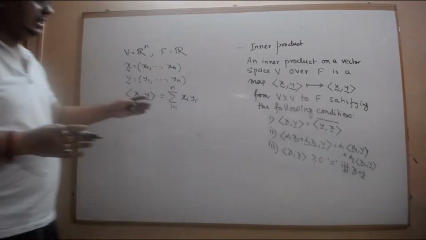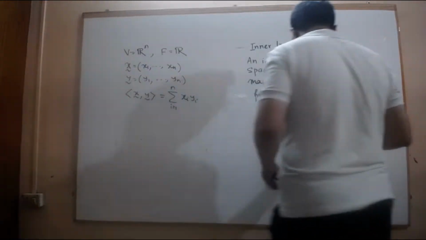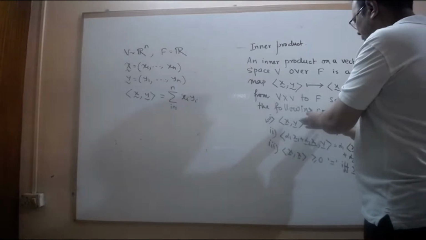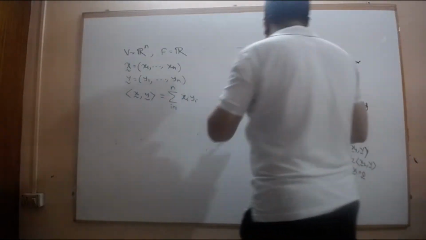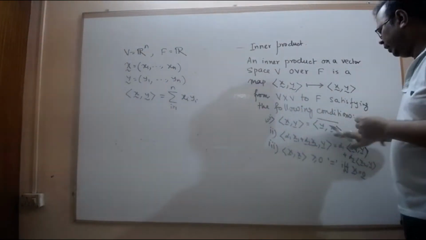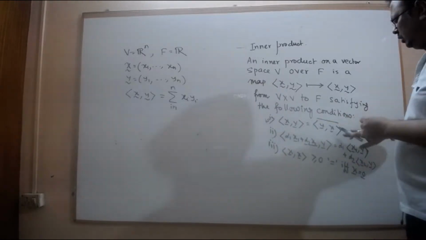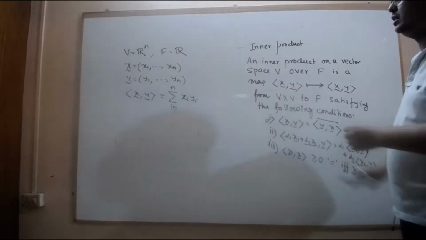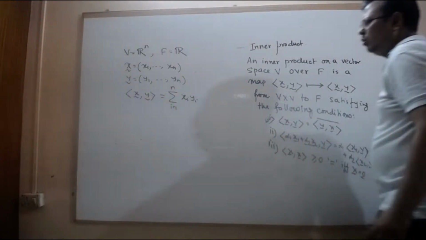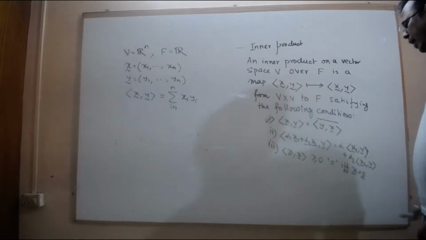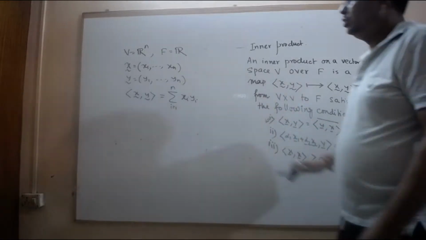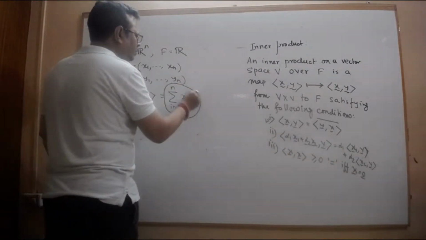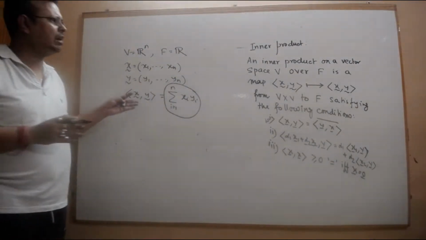We can easily check that condition one is obvious, because the conjugate is required only when we take complex numbers. Otherwise, for real numbers, this is always true. Conditions 2 and 3 you can easily check. If you define your inner product in that way, you see that 2 and 3 are always true. So this scalar product is an inner product. This is an example of an inner product.